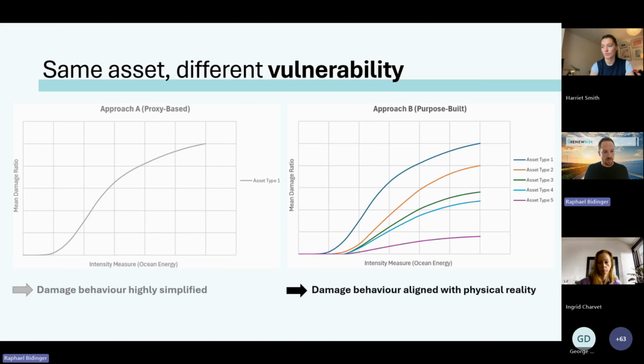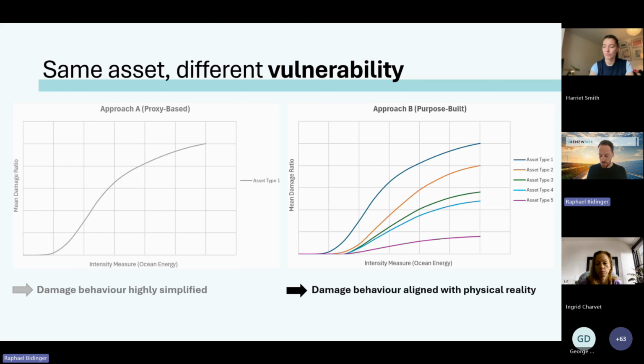And in the proxy approach, we're aggregating all components into a single location. So that means we also have to map that location to a single vulnerability curve. If you're using one of our offshore wind models, you would most likely code that location as a turbine.